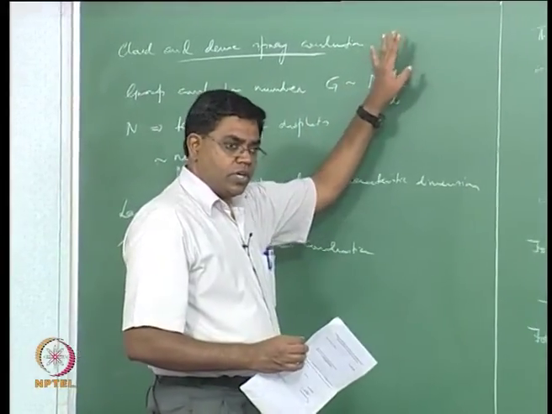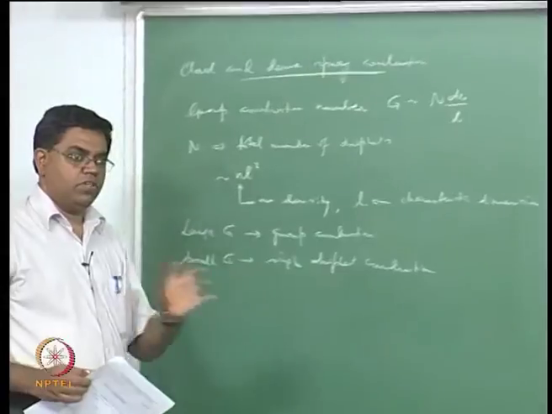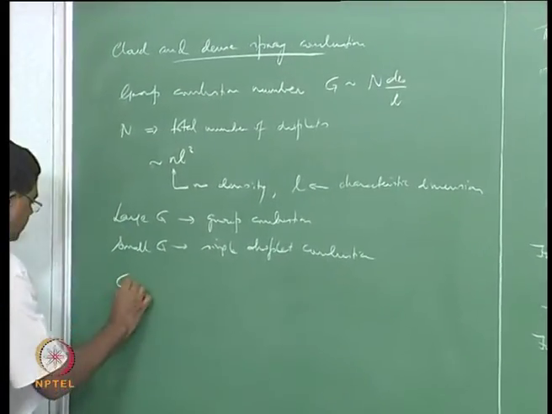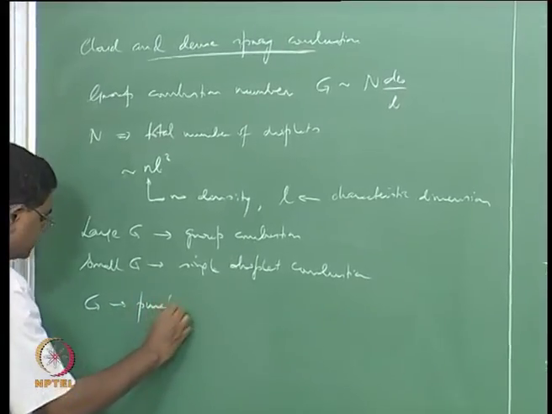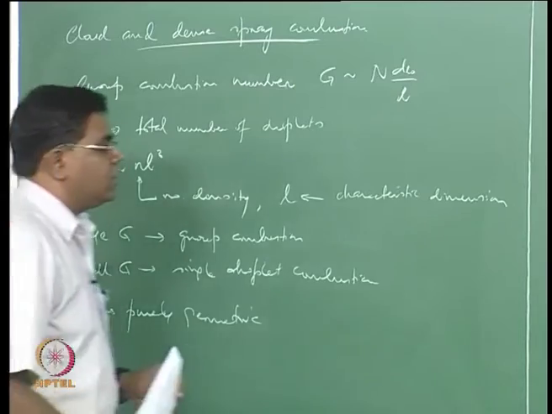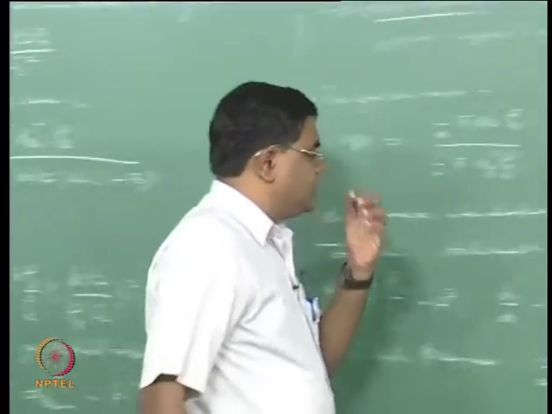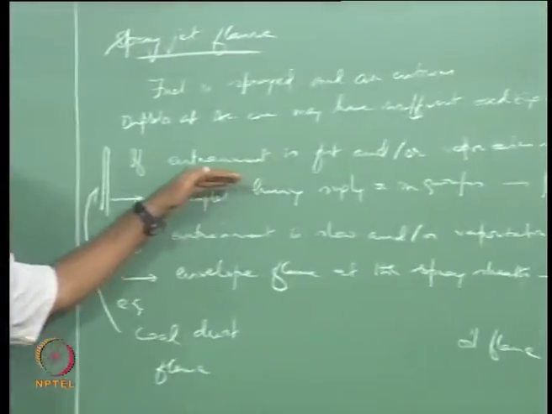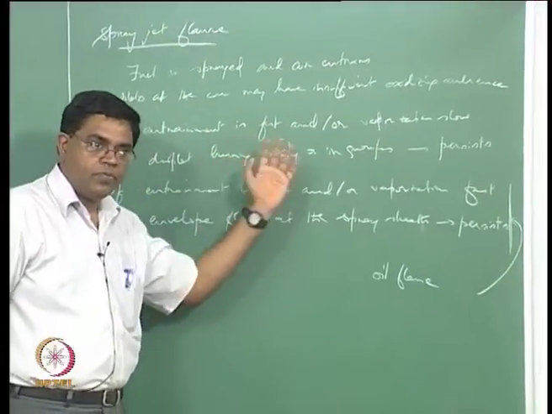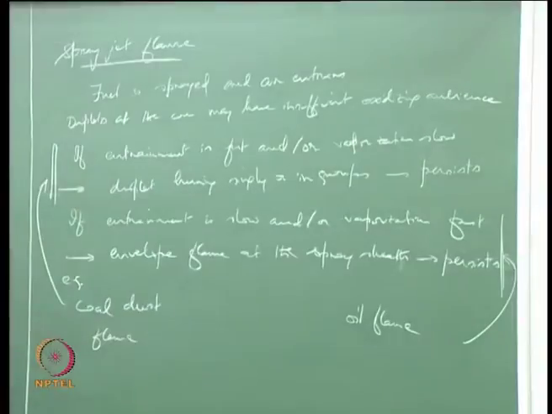We are talking about the spacing between the droplets, if you will. So G is purely geometric, and it doesn't take into account how well the entrainment is happening versus how well the vaporization is happening. We'll keep this in mind.